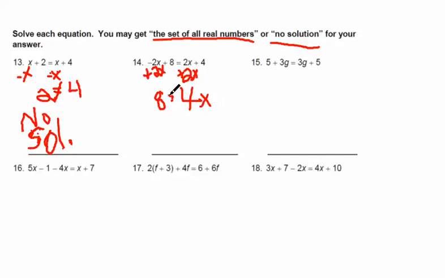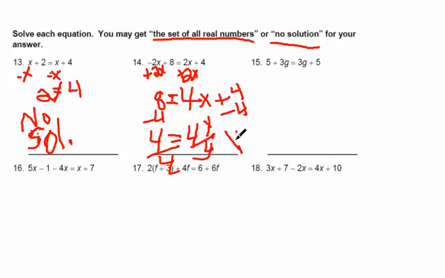This one we can just solve normally because the x is not gone. So we would subtract 4 from both sides. 4 will be equal to 4x, and then you would divide both sides by 4, and you get x equals 1. So this is just a nice normal problem. There's nothing weird on this one.